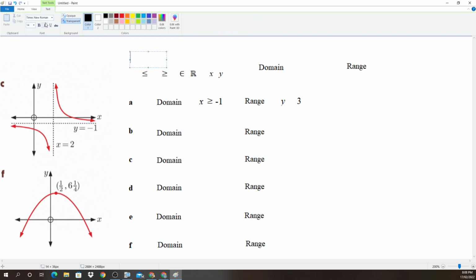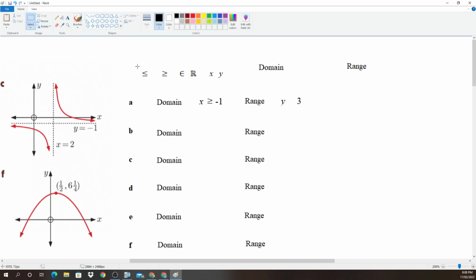Let's get my selection tool. You need more space. You need to move across, and you can fit in there. There we go. Okay, there's your domain and range.